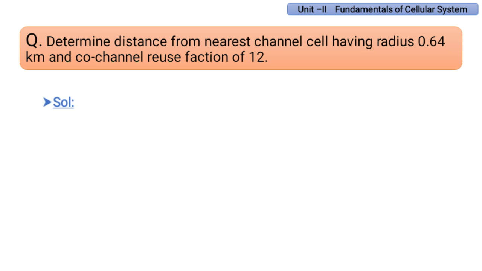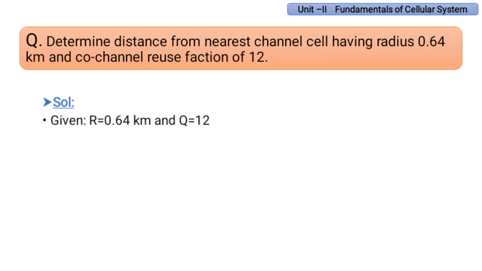Next problem is, determine the distance from the nearest co-channel cell having radius 0.64 kilometer and co-channel reuse ratio 12. What is given here? The radius of the cell is 0.64 and the co-channel reuse ratio, that is Q, is equal to 12. What we have to find is the distance from the nearest co-channel cell.